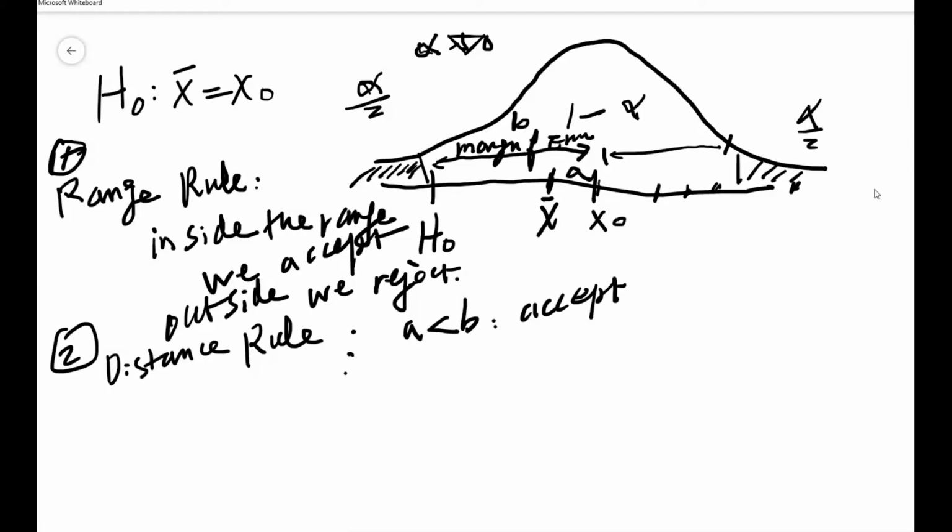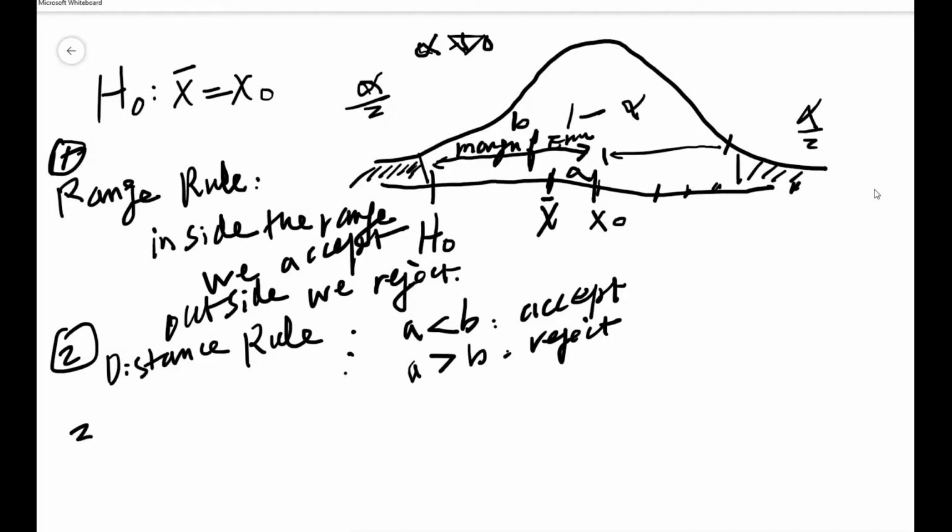Obviously, for this x bar, A is shorter than B. So the distance rule is if A is less than the margin of error B, accept. If A is higher than B, reject. This is consistent with rule number 1, the range rule.